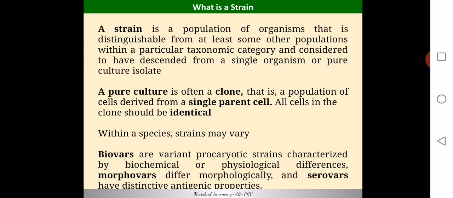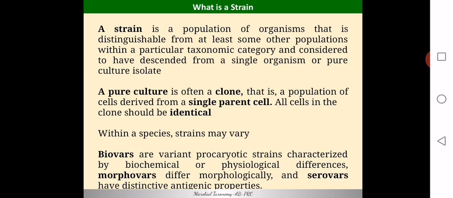And even though by definition all these organisms are identical, when you analyze them in depth, when you deep dive into the features of a strain, you can see certain differences. And these differences within a strain are categorized as biovars, right? Or their variants. All right.